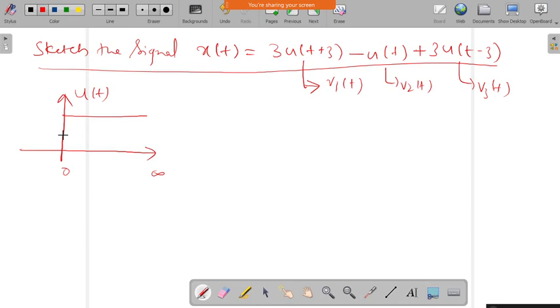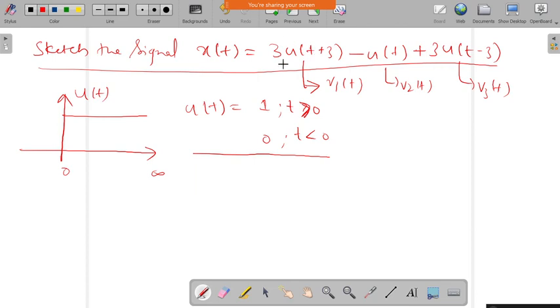It is 1 for t greater than 0 and 0 for t less than 0. Actually there is a discontinuity at exactly t equal to 0, so we have to say t greater than 0 only. So this is the unit step function.